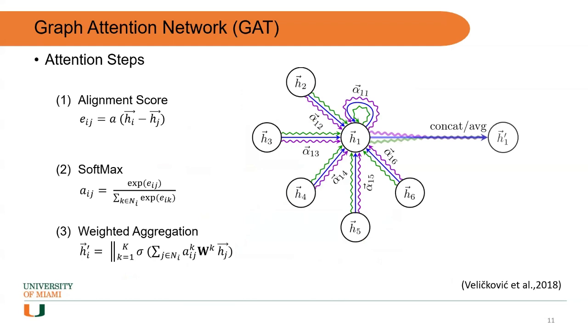The graph attention network, a variation of the graph neural network, leverages the attention mechanism for feature learning on graphs. The graph attention network consistently outperforms the graph neural network on similar tasks. And here are the attention steps, which describe the underlying mechanism of the graph attention network.